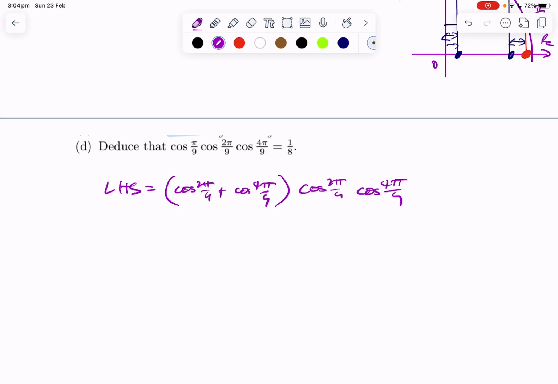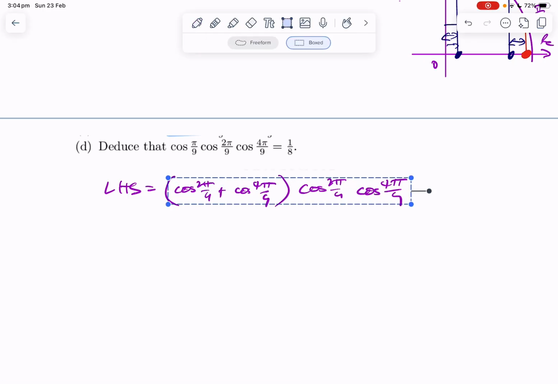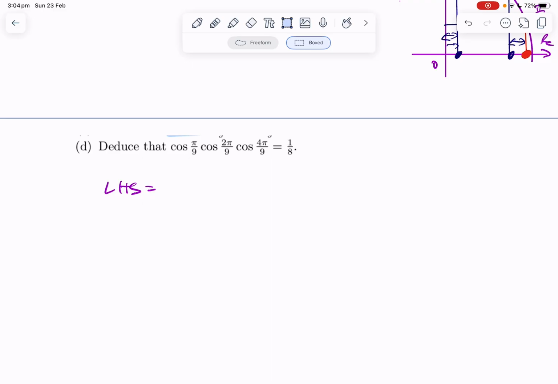Actually, I probably won't do that now I think about it, because what I'm going to be most interested in here is the fact that the cos of 2 pi on 9 can be got from the cis of 2 pi on 9 plus the cis of negative 2 pi on 9. It doesn't equal that. Two of those equal that, yeah? Which you would write as, this is 2 pi on 9 for now.